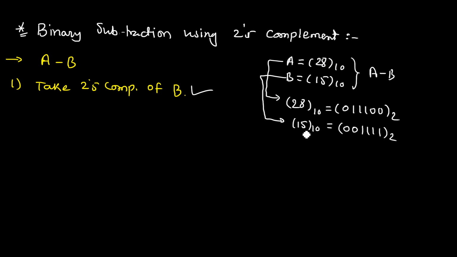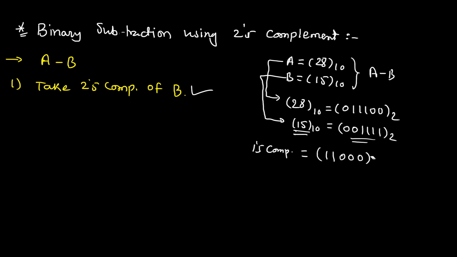So the first step is to take the 2's complement of B. To convert 15 into 2's complement, first we have to find the 1's complement of the given number. The 1's complement is obtained by inverting each and every bit, so 0 is inverted to 1 and all the 1s are inverted into 0.